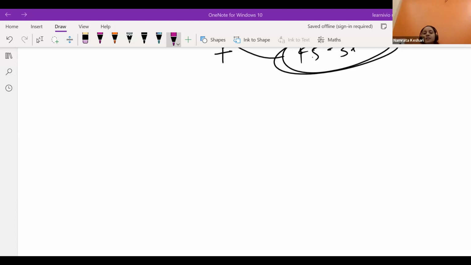So we'll be discussing all the properties with respect to multiplication.